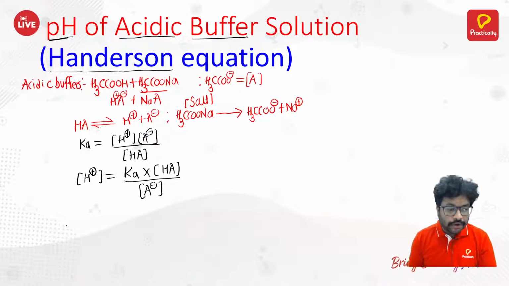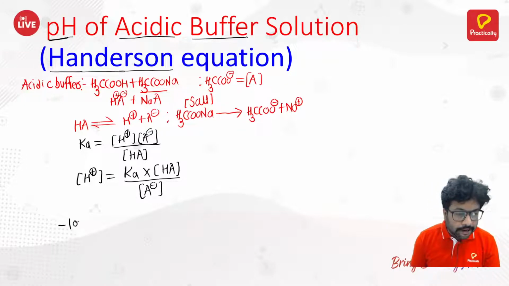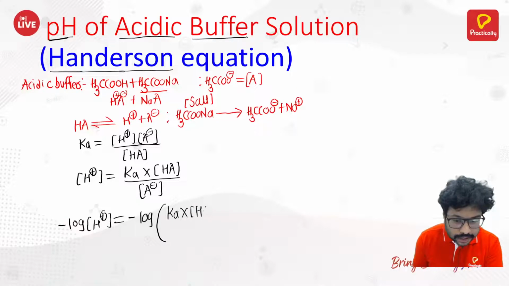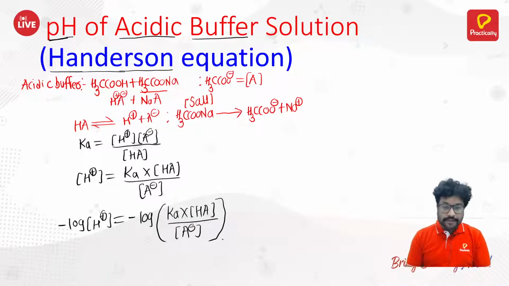Now what do you do? Taking the negative logarithm of the whole equation, because taking negative logarithm of H plus ion is going to give us the pH, right? So minus log of Ka into HA divided by A minus, that will give us the pH for this.